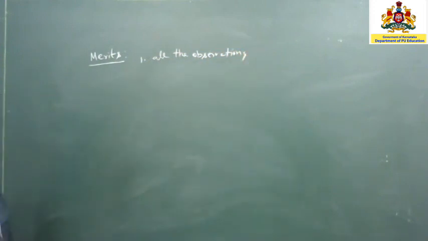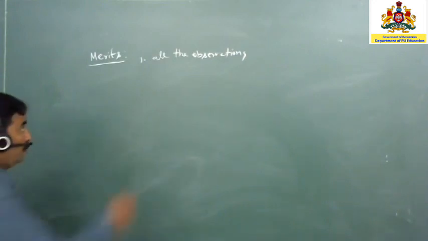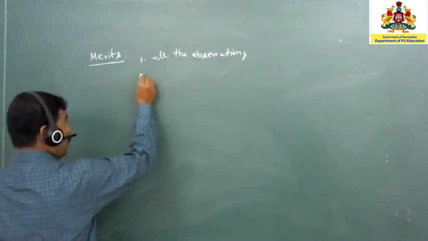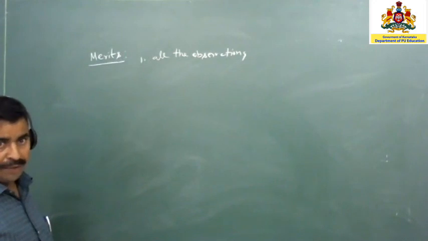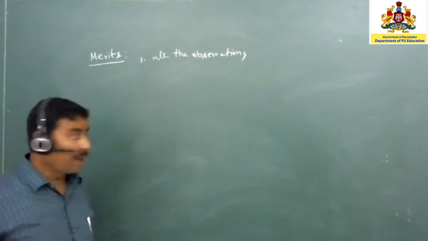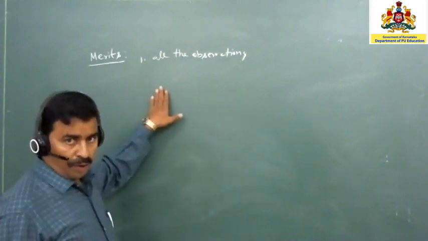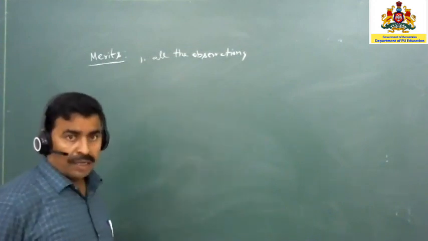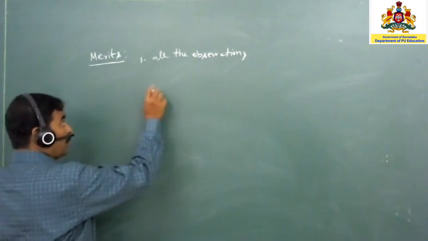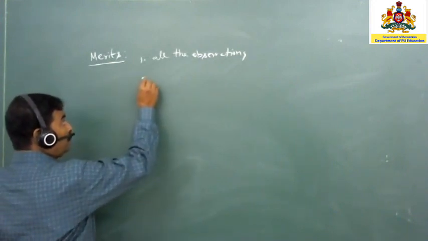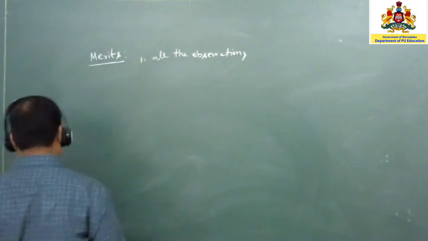It considers all the observations in calculation, so it is a better measure than range and quartile deviation. In range, we consider only extreme values, the highest value and the lowest value. In the calculation of quartile deviation, only 50% of the observations are used, whereas mean deviation considers all the observations.